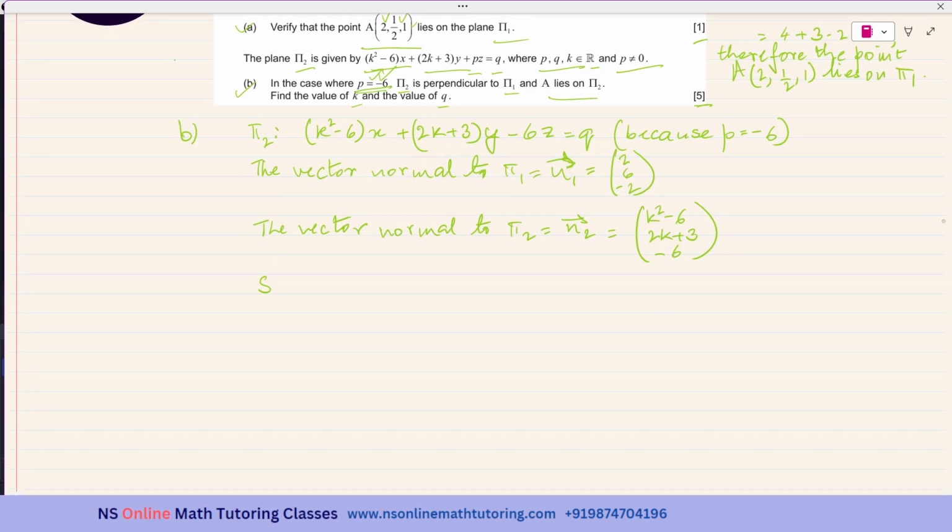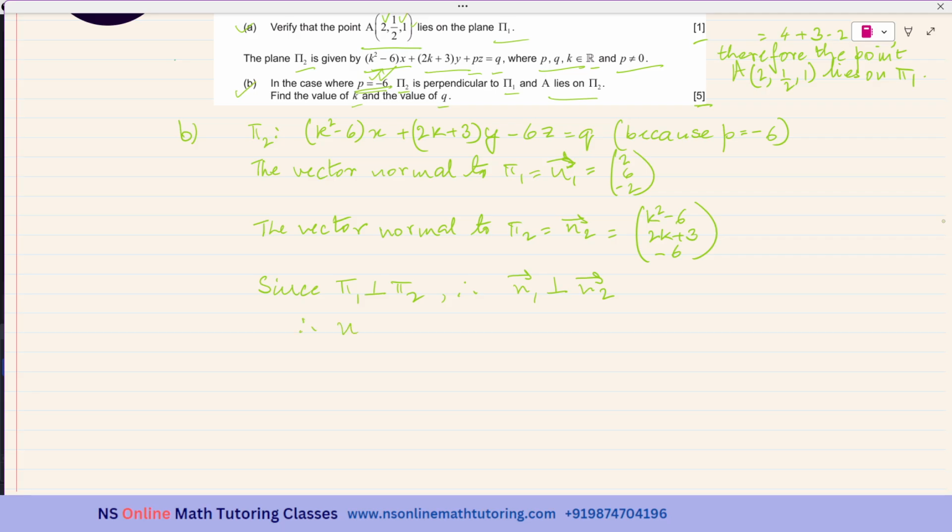So, since pi1 is perpendicular to pi2, therefore n1 should be perpendicular to n2. So the dot product should be equal to 0 because these are two perpendicular vectors.